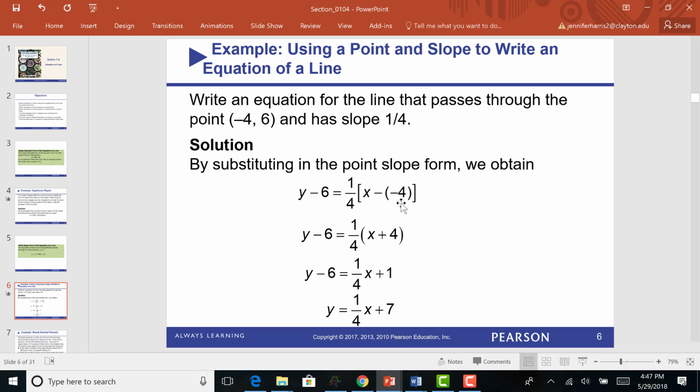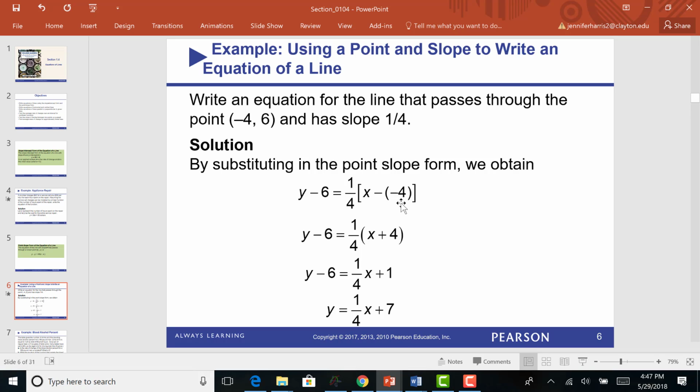Type 2, you will be given at least 2 points. Let me bring this back down. Your type 2 situation, you will be given at least 2 points. So what are your steps going to be?